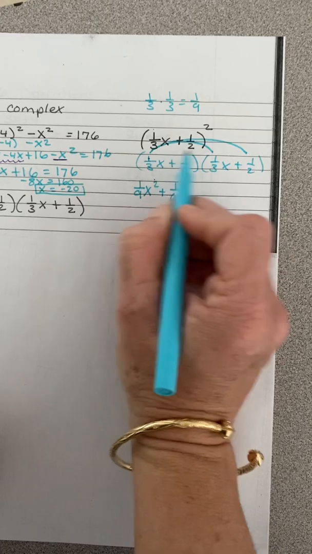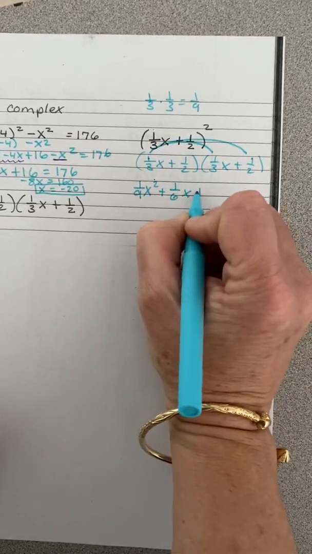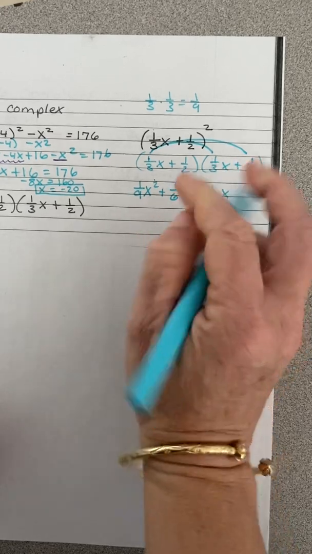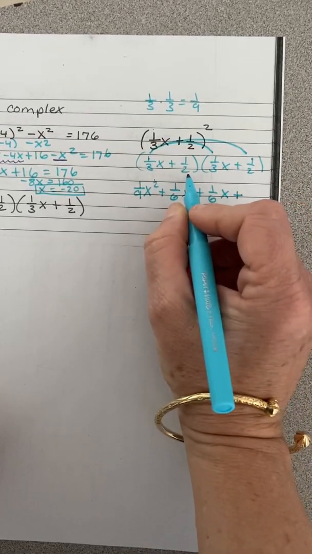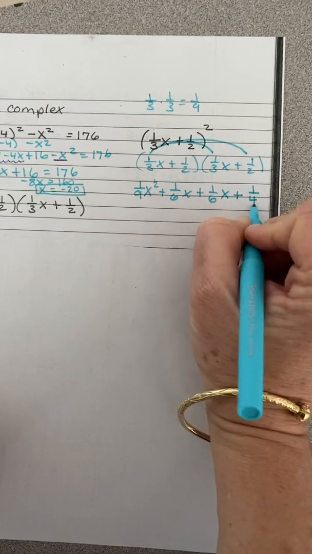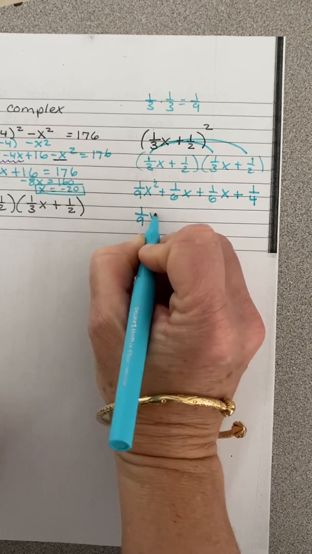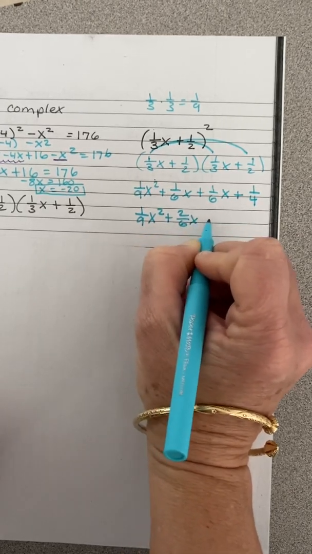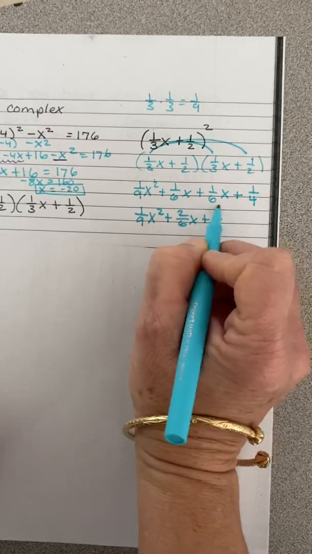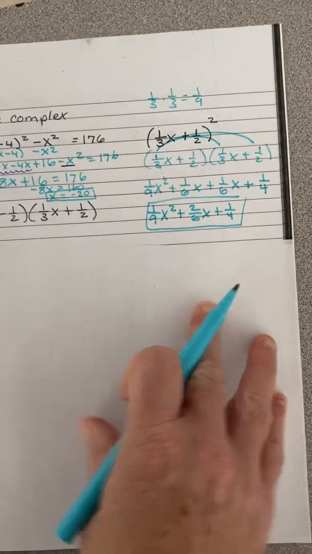Remember, multiply numerator with numerator, denominator with denominator, x, plus 1/6 x. And I know that these are going to be the same, plus 1/4. Okay, so now I simplify even more. 1/9 x squared plus 2/6 x plus 1/4. All right, so it's really not that bad. It's just I wanted you to see some more complicated answers.